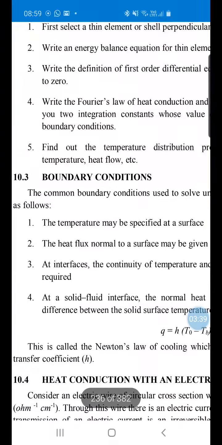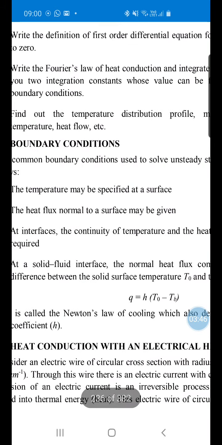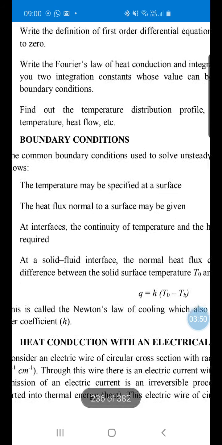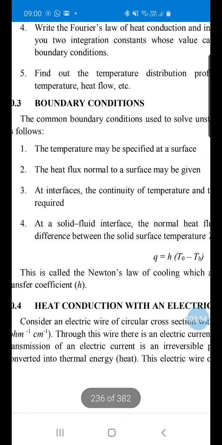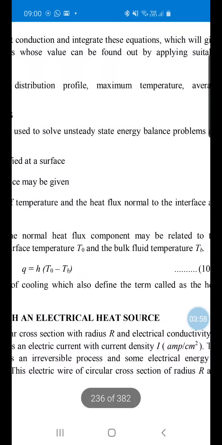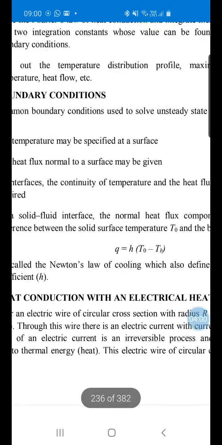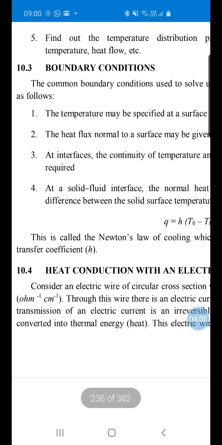Then write the Fourier law of heat conduction and integrate these equations. You will get two different integration constants for the two integrations. Then you can find out their values by applying suitable boundary conditions. Finally, find out the temperature distribution profile, maximum temperature, average temperature and heat flow. So this will be the approach for the derivations that we will discuss in this chapter.